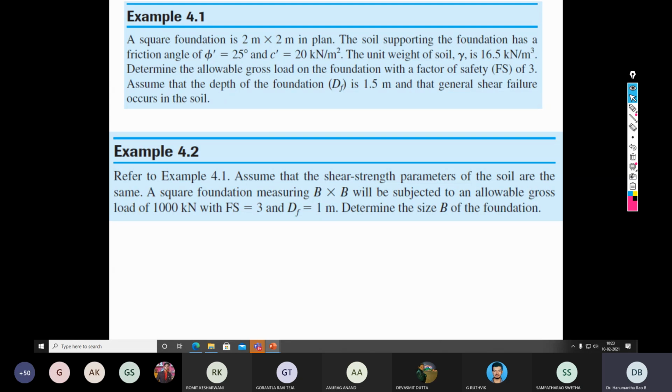You are asked to design or suggest the size of the footing. In the earlier case, we were going from bottom to top. Now this is coming from top to bottom. If you know the stress coming from the column, then you should design the footing size.